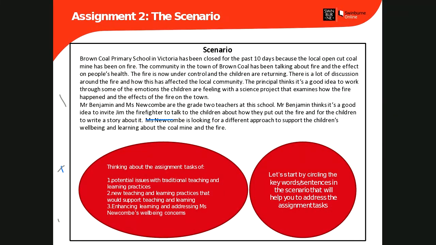So the activity on this slide is to circle or underline the keywords or sentences in the scenario that will help you address the assignment tasks. What part of the scenario do you really need to identify that's going to help you break down this assignment?